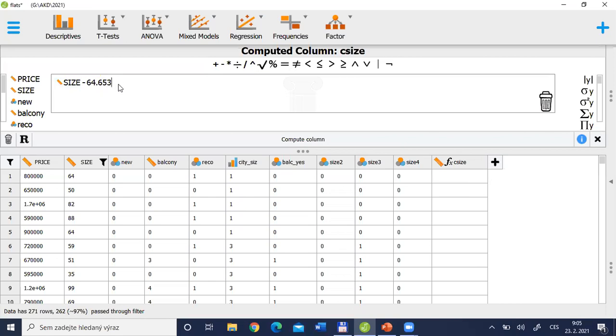Below average would mean below 0, and above average would mean above 0 for the centered variable. Click compute column, and now it is computed. We can check the first two values, minus 0.653, correct, minus 14.653. So it seems to be a correct computation.